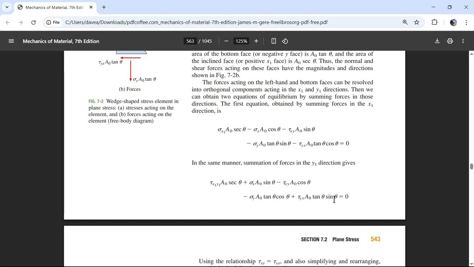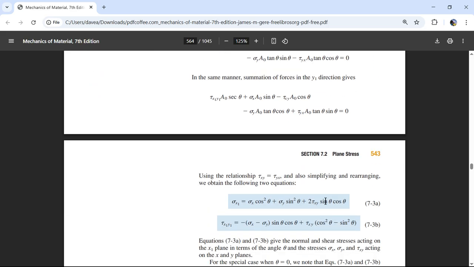So this is sine squared, and so this is going to be negative tau xy sine squared theta. This is going to be positive tau xy cosine squared theta. And so cool, let's see what that is.